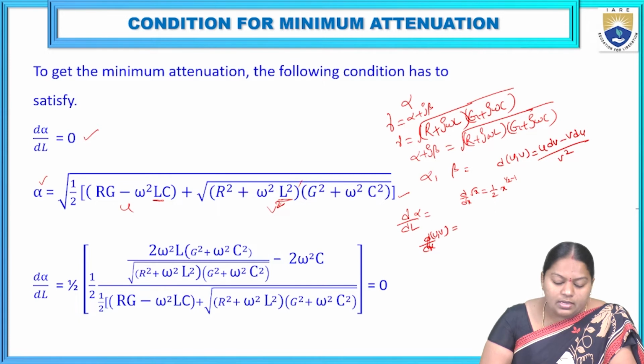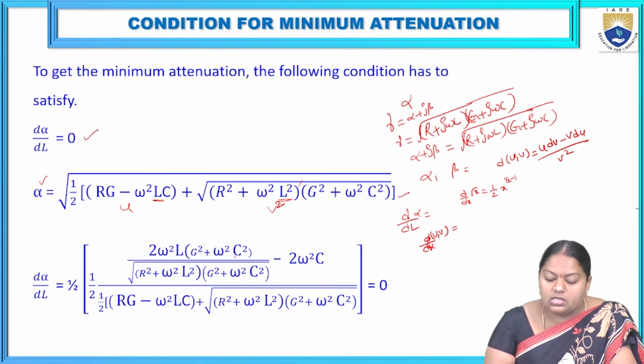So like that, if you apply here, for root it is 1 by 2, and into, first if you consider this term as differentiation, the first term is to be considered as a constant, that is g square plus omega square c square, into, in this term if you differentiate, then 2 omega square L. Why?